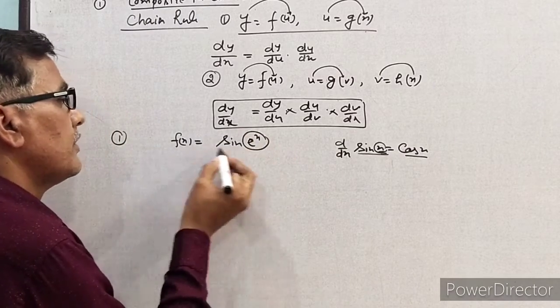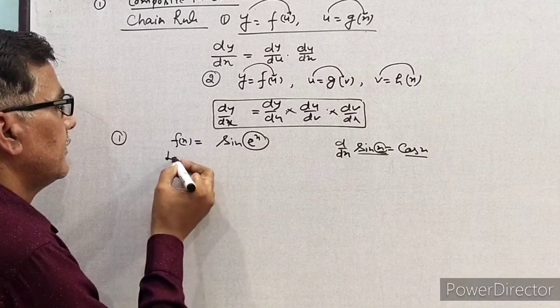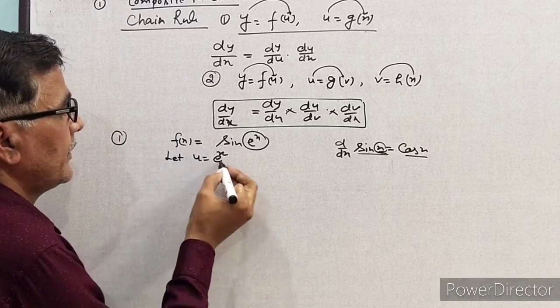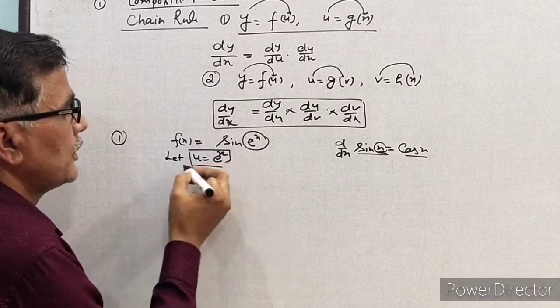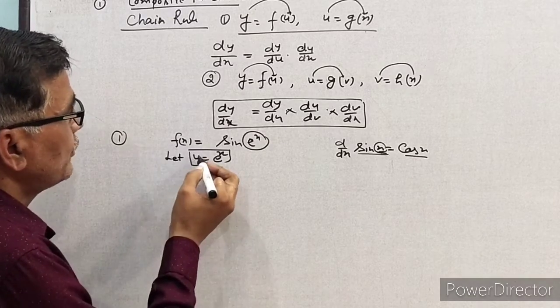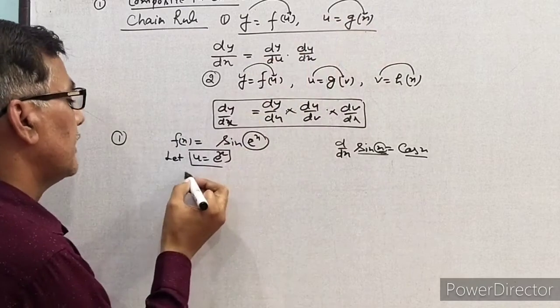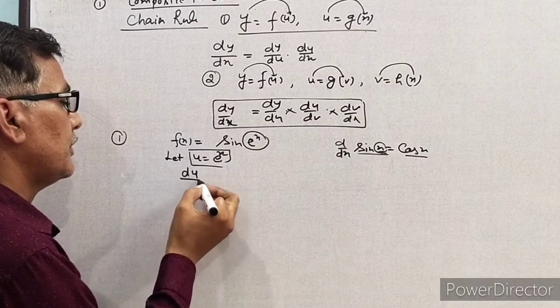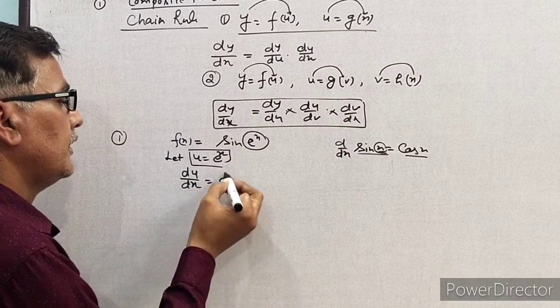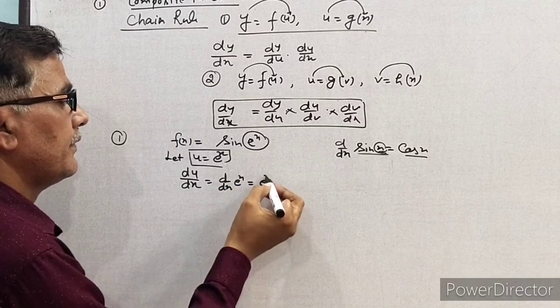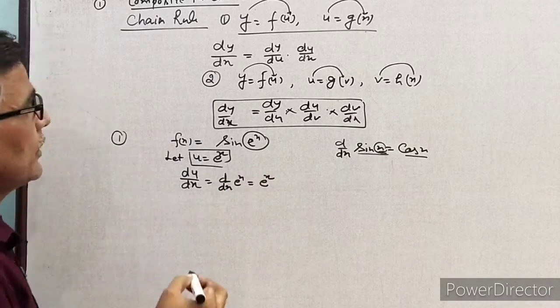So first of all we have to consider u is equal to e raised to x. Now differentiating this with respect to x, because u is a function of x. D over dx of e raised to x, and the derivative of e raised to x is again e raised to x.